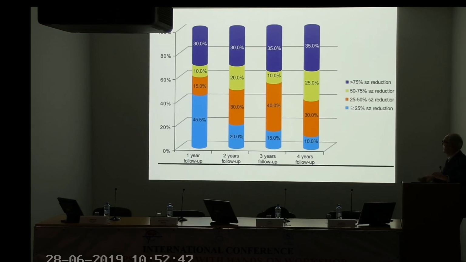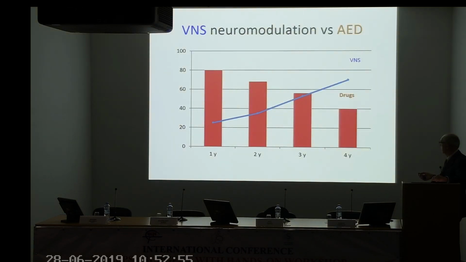And this is a publication of another paper done not by us, but another group, so that you can sum up that while neuromodulation is going up in the effect and with reduction of side effects, like we will see later, the efficacy of drugs is the opposite, and it goes down from 80% of responders in the first year to 40%, but with an increase of side effects, like it happens very often.